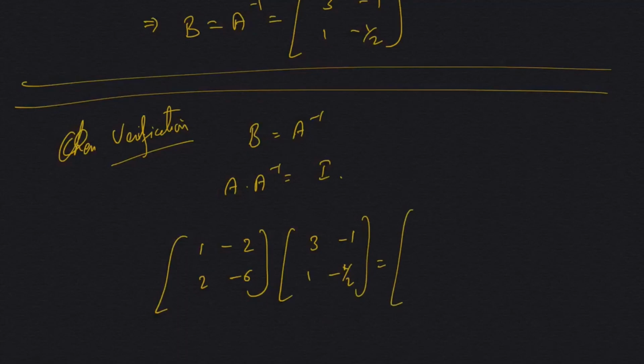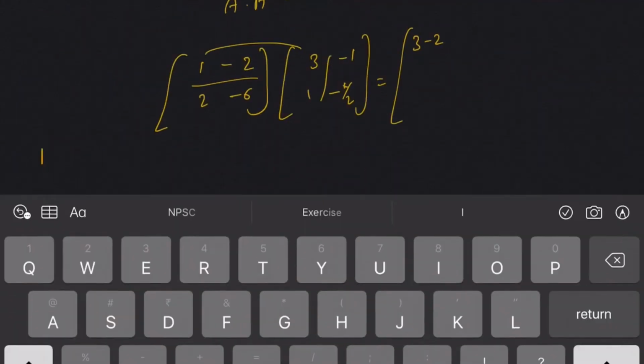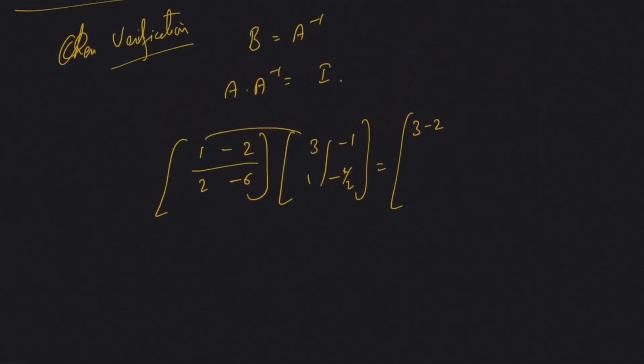So let's multiply, first row first column. I'm getting confused now, sorry. First row first column, one into 3, 3, minus 2 into 1, minus 2, so this gives 1.